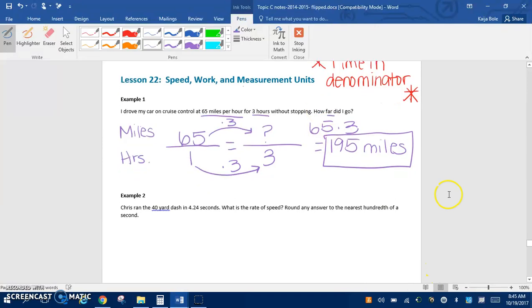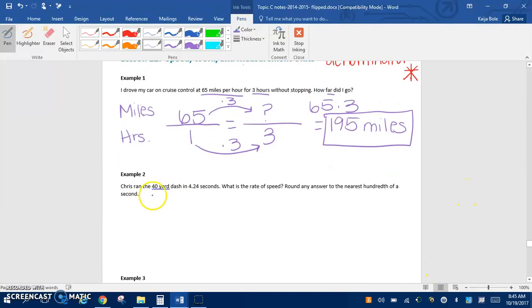Okay. Example 2 says Chris ran the 40-yard dash in 4.24 seconds. What is the rate of speed? So they're asking us for the rate of speed. The rate, remember, is how much for 1, and for rate of speed, we want to know how much for 1 second, because we're talking about speed.